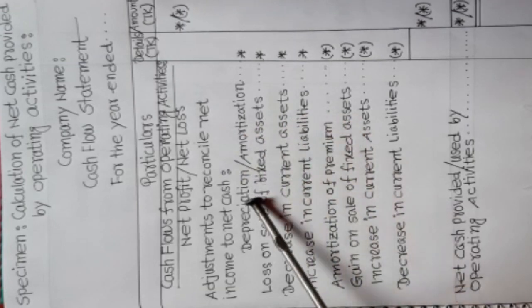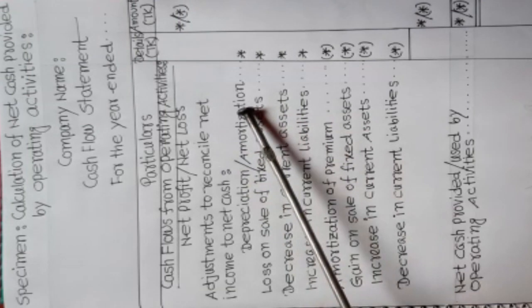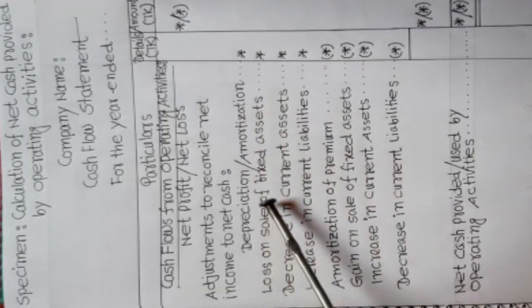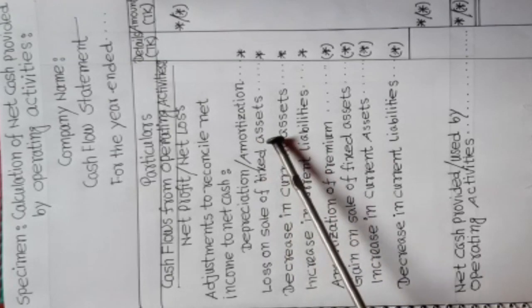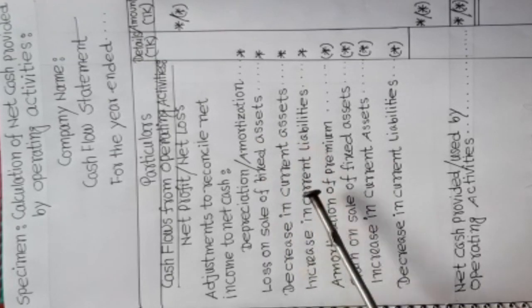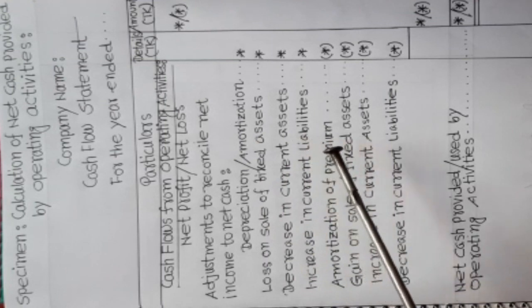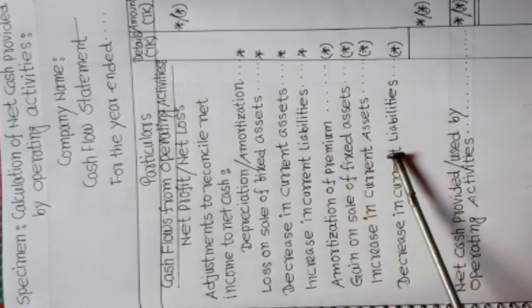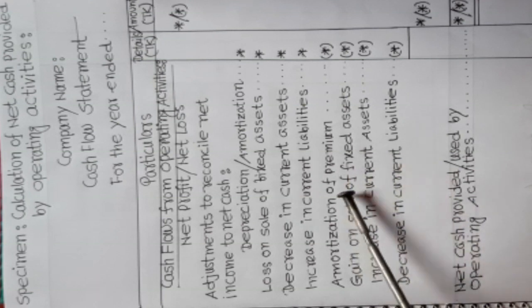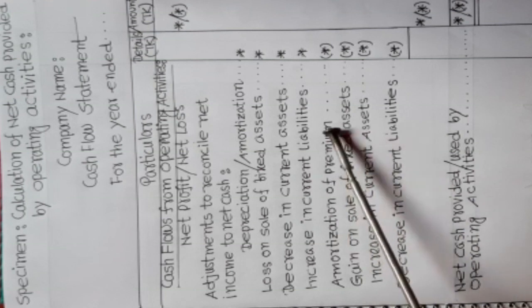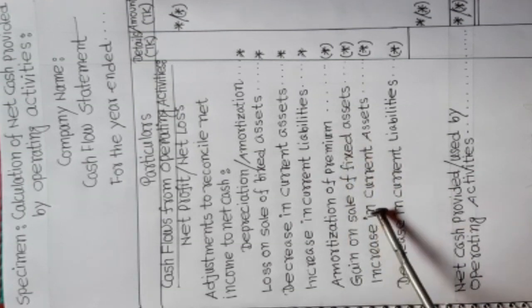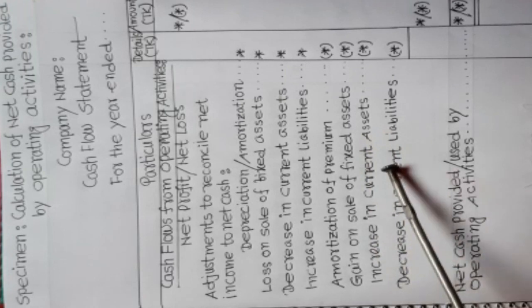Number 1, depreciation or amortization, loss on sale of fixed assets, decrease in current assets, increase in current liabilities. Okay, dear student, and another 4 items will be deducted, such as amortization of premium, gain on sale of fixed assets, increase in current assets, and decrease in current liabilities.